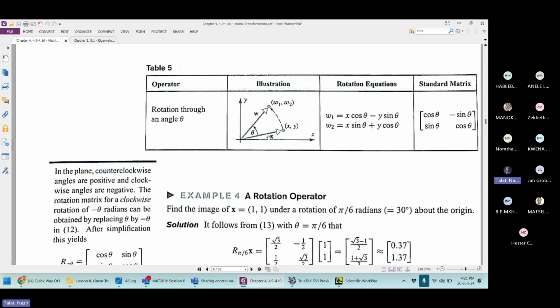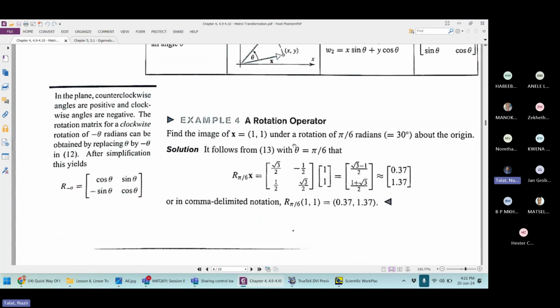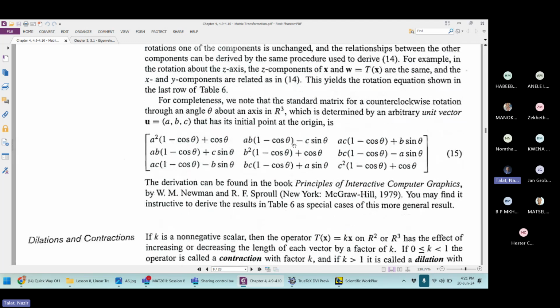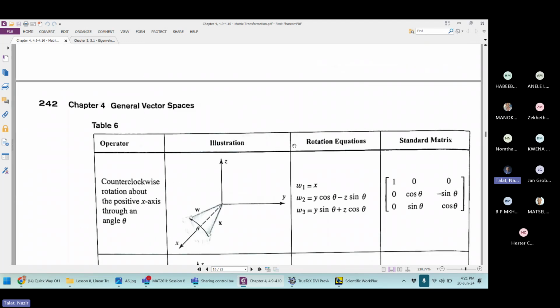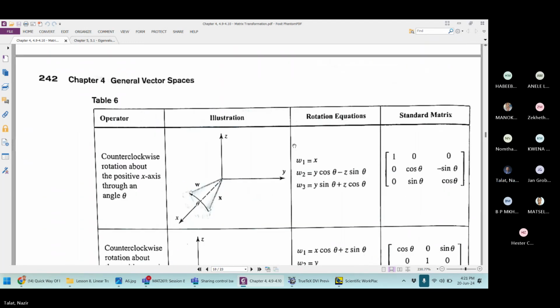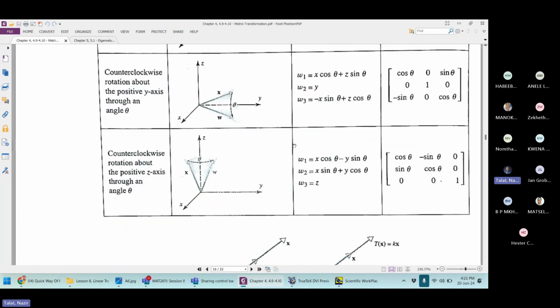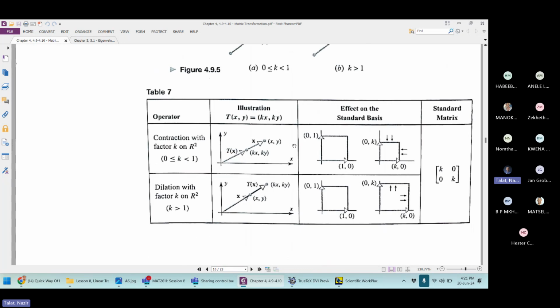If you take x over here and apply some angle theta, it gives us w1 and w2 in another place. So this is an example of an operator that rotates through the angle theta. These transformations have useful features which we will describe in later lessons.